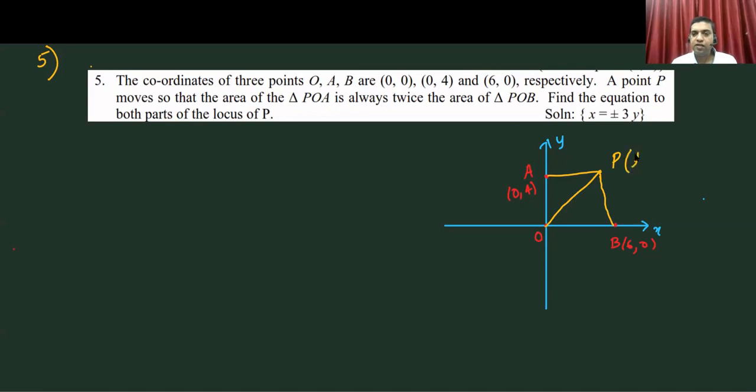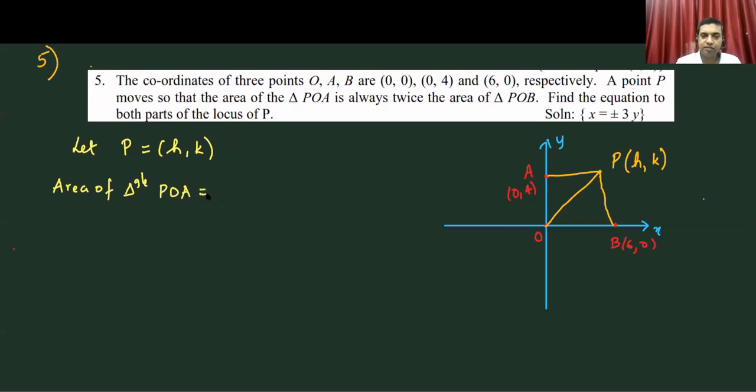Now P is some point (h, k). So we say let P be equal to (h, k). Now what is the area of triangle POA, which is the same as OAP?